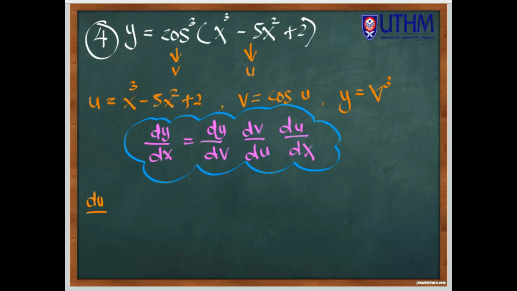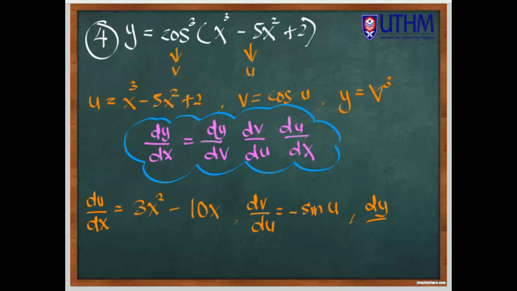So du over dx is equal to 3x squared minus 10x. Meanwhile, dv over du is equal to negative sine u. And finally, dy over dv is equal to 3v squared. Now we already have everything and we just insert back into the formula.